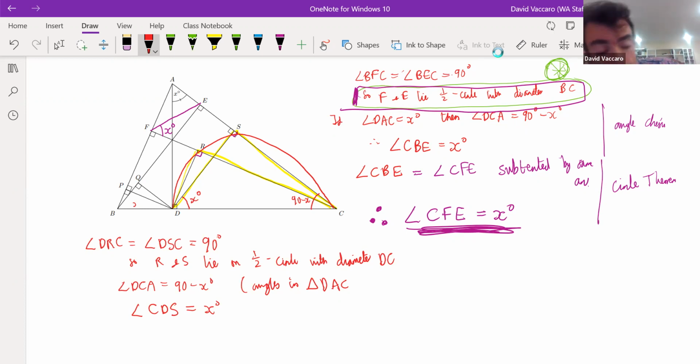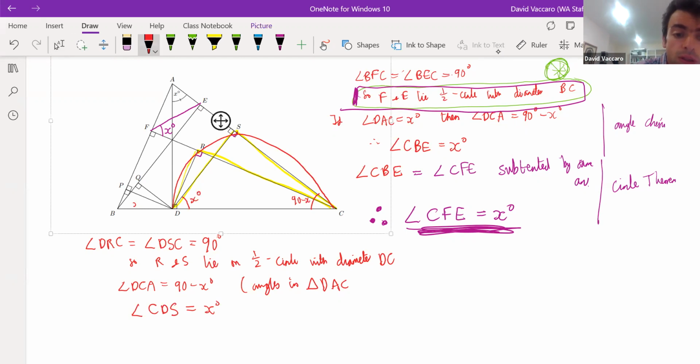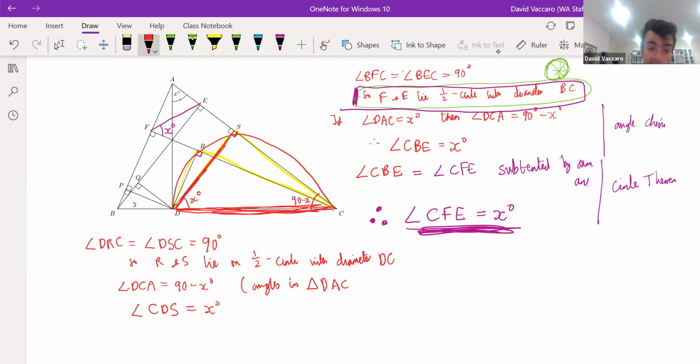Can anyone in the chat tell me an angle that is equal to the angle CDS? We've just found that this angle here, CDS, is X degrees. Can anyone give me an angle that is equal to CDS and then ideally why it's equal? Remember why we wanted to draw circles.